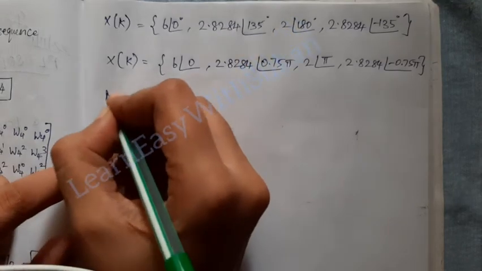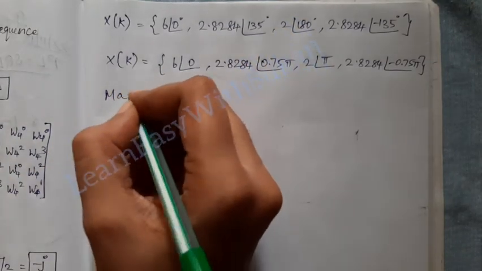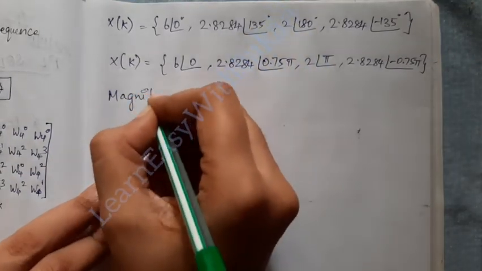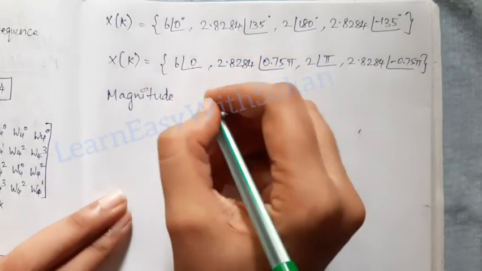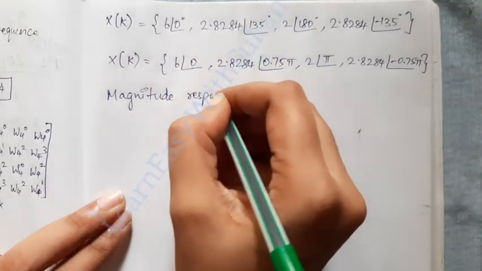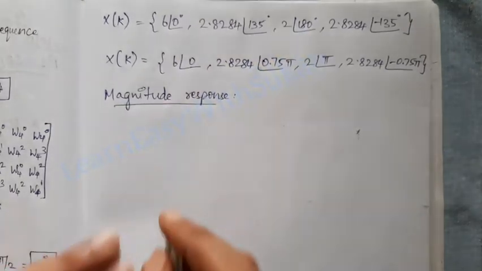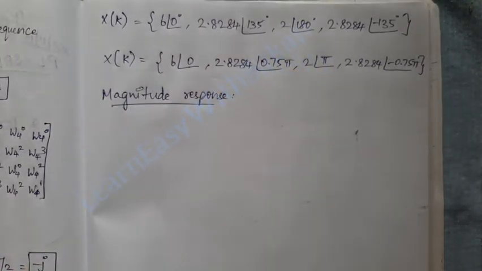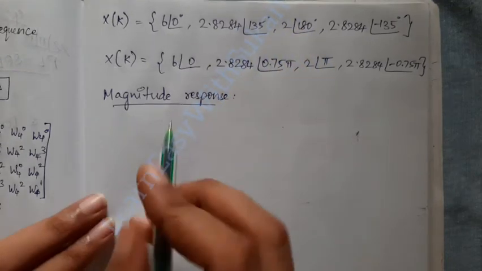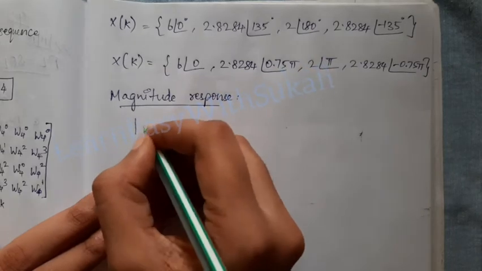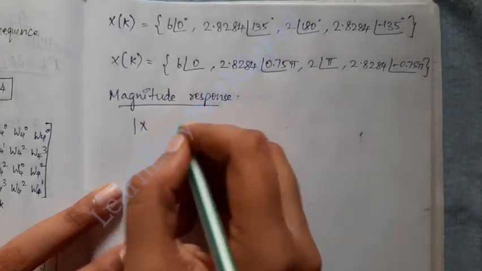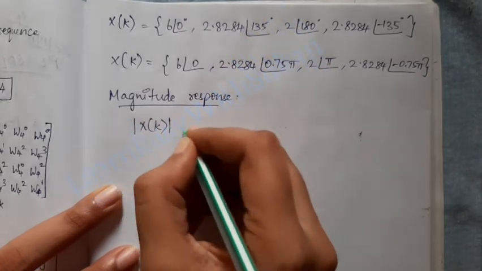Now let us see how to plot the magnitude response. If they ask you to plot the magnitude and the phase response, this is the method. The magnitude is the modulus, the absolute value, actually modulus of x of k.